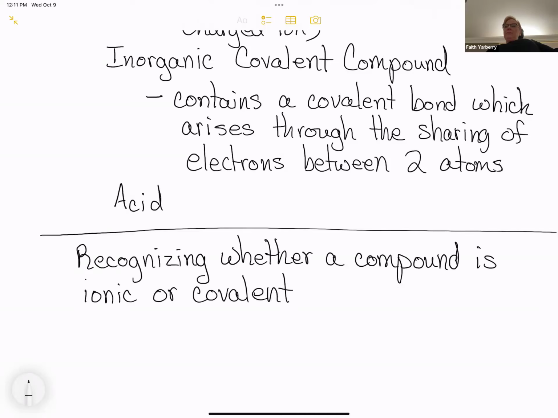You're going to find that when we start naming compounds, you have to be prepared to recognize whether a compound is ionic or whether it is covalent, because depending upon whether the compound is ionic or covalent will determine how you have to name it.